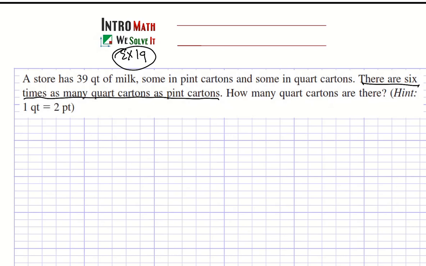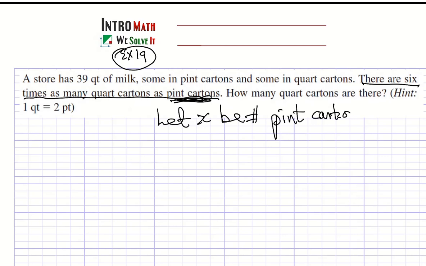So pint should be our starting point. And then, how many quart cartons are there? So we say let x be the number of pint cartons. Again, we took our cue from there.